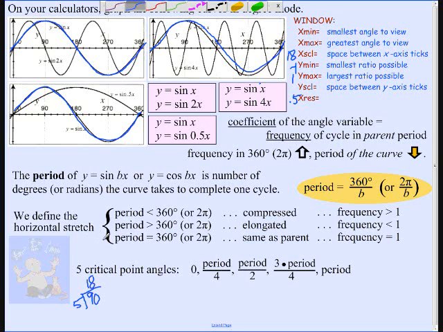We define the horizontal stretch in this way. If the period is less than 360, that's compressed, and the frequency, B, is greater than 1. If the period is greater than 360, then that's elongated. I should have done this.